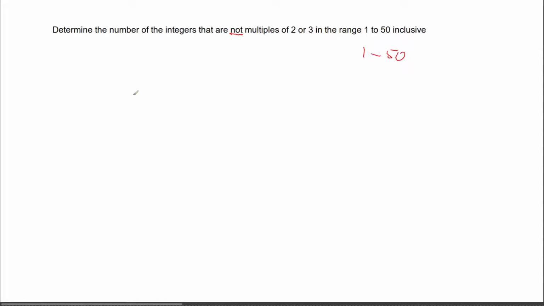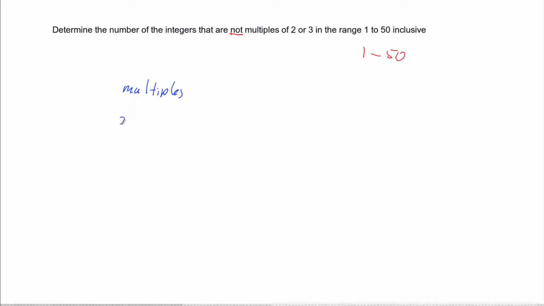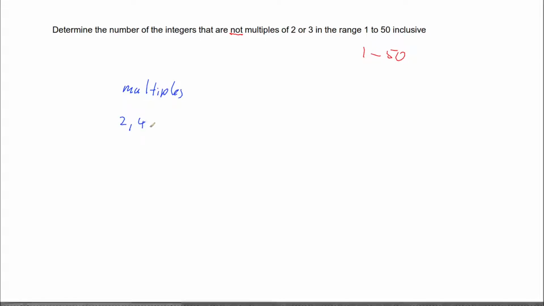So remember, our multiples are the numbers obtained from multiplying this number by our counting numbers, say 1, 2, 3, 4, 5. So for example, if we look at the multiples of 2, well then 2 times 1 is 2, 2 times 2 is 4, 2 times 3 is 6, and so on.